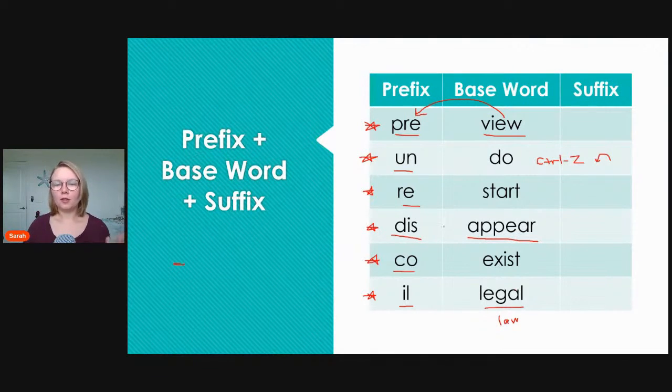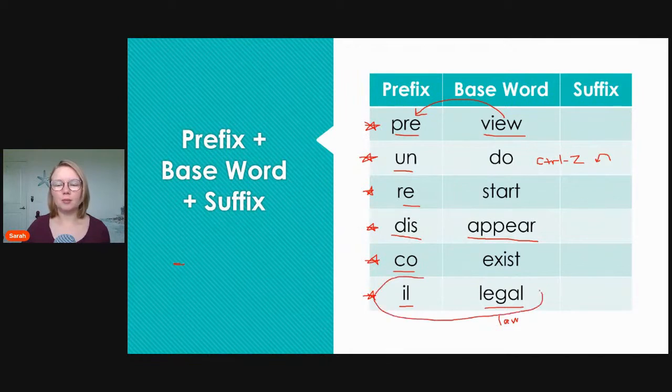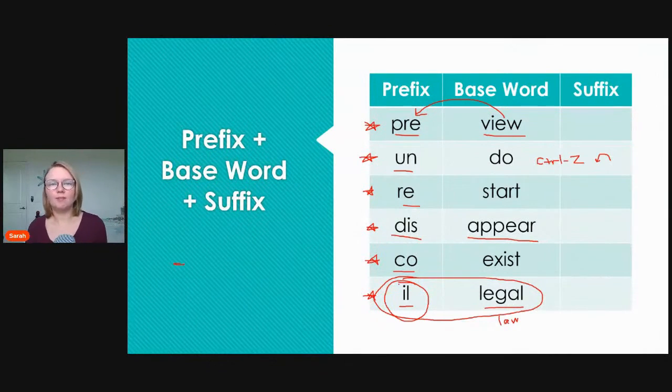Illegal. So as you can see, maybe if you had never seen the word illegal before, knowing that that prefix il means not might help you look at it and say, oh, okay, it means not legal. And I can just look up what legal means if you don't know already. So understanding these prefixes can be very useful.